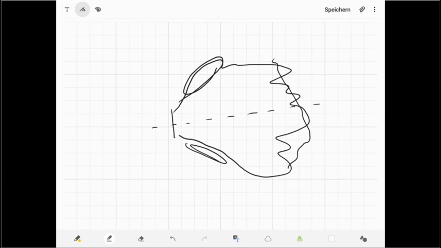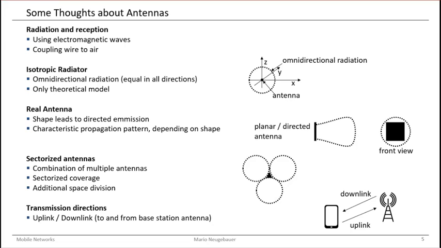And this is actually the real world. And if we do later on the planning of our cellular network, then we have to keep in mind that the radiation pattern is not like a circle, but rather like a not clearly defined coil, like here in this case.